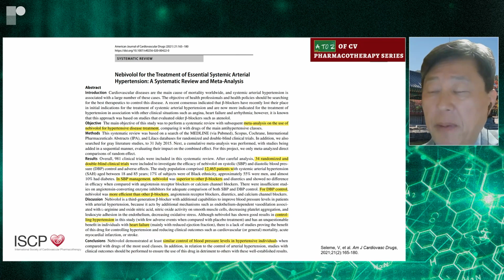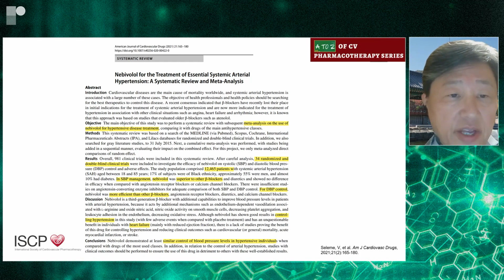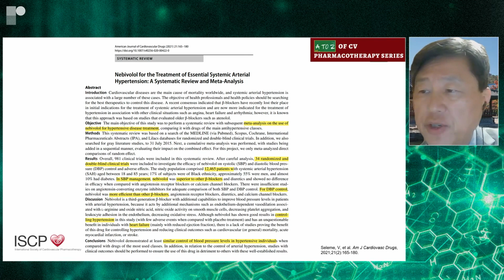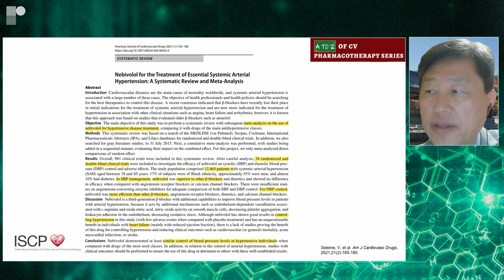This paper is a meta-analysis on the use of nebivolol for hypertension treatment. They used many clinical trials, finally 34 randomized, double-blind clinical trials. The total study population was almost 12,000 patients. For systolic blood pressure management, nebivolol was superior to other beta blockers and diuretics, and showed no difference in efficacy compared with ARB and CCB.